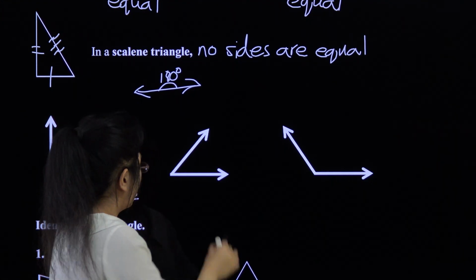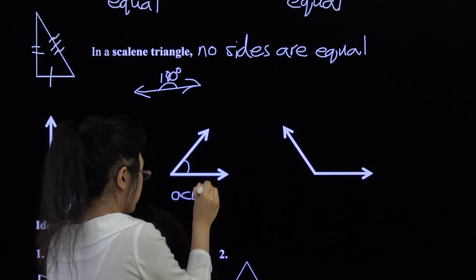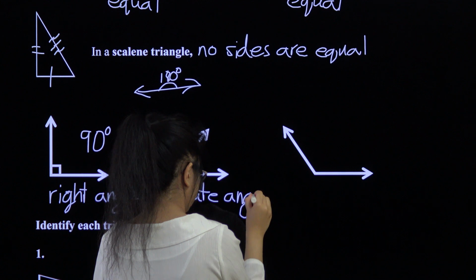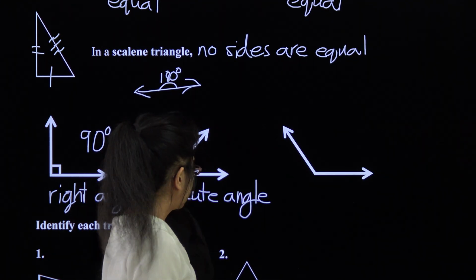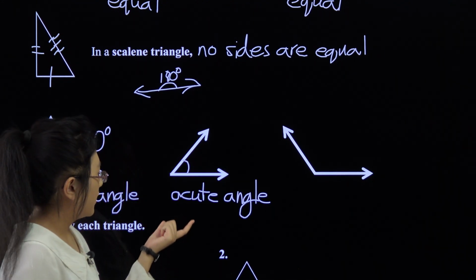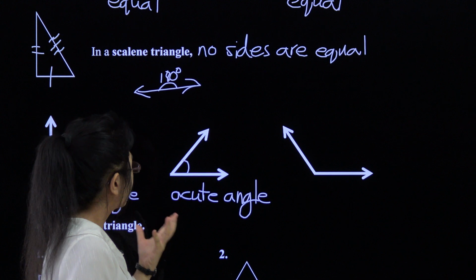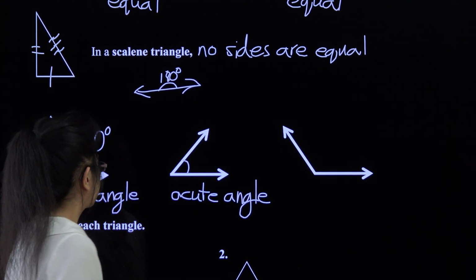Okay, moving on, we have this. These are called acute angles. Now, it's literally spelled acute, except fused into one word. Anyhow, acute angles are smaller than right angles.